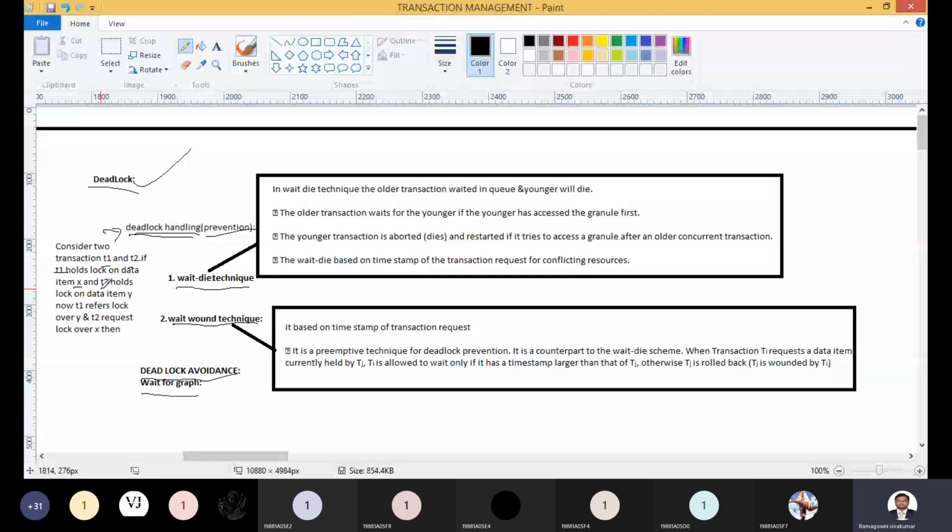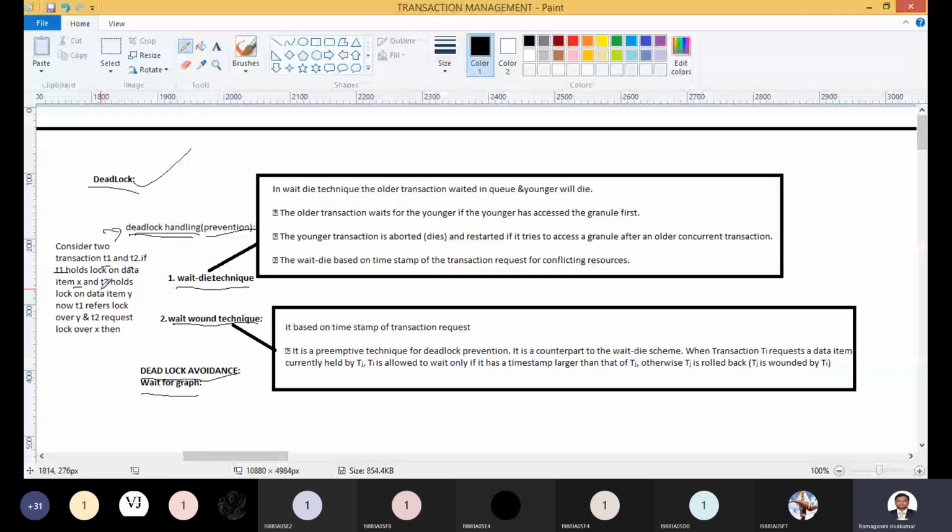Wait-die is based on the timestamp of the transaction requesting the conflicting resources.